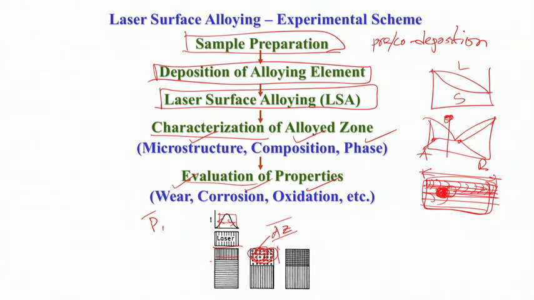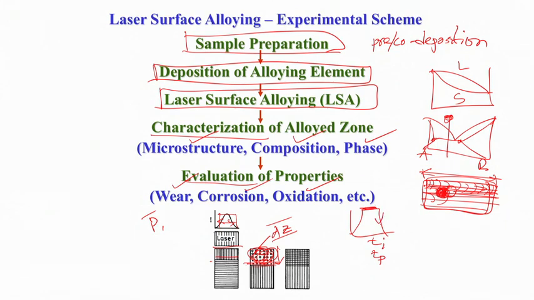The solid-liquid interface starts from the top and reaches until, say, this point, which is the end of the solid-liquid interface, because of the interaction time or pulse time with which you have heated up. In this region, you form the alloy, and then when the beam moves away or the pulse is off, you cool.